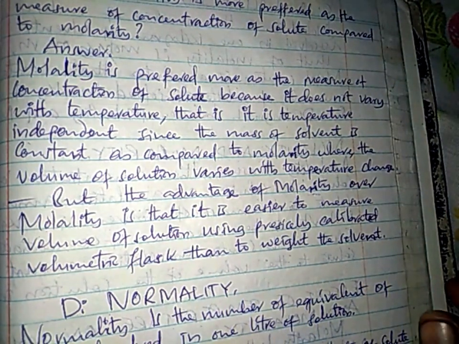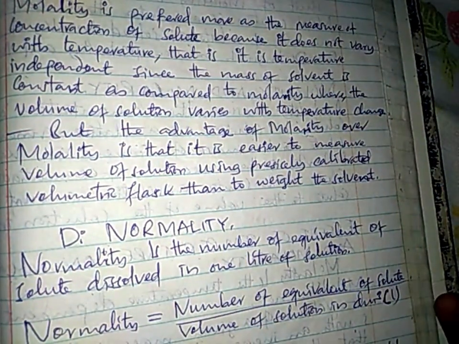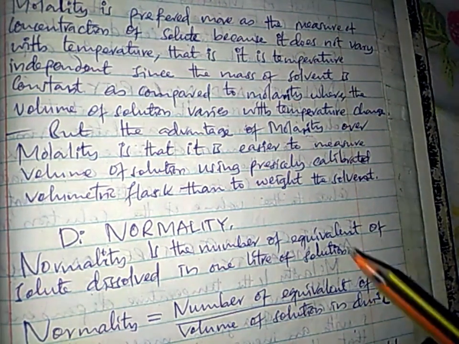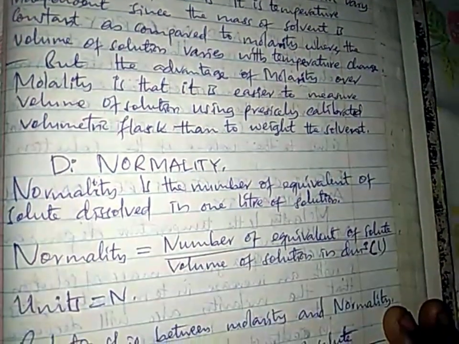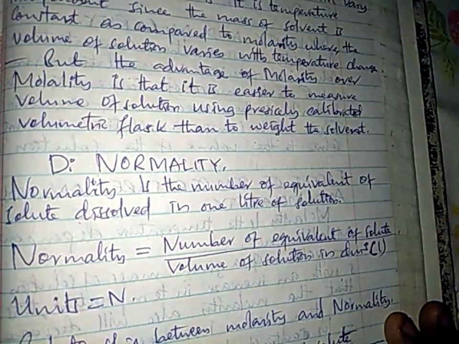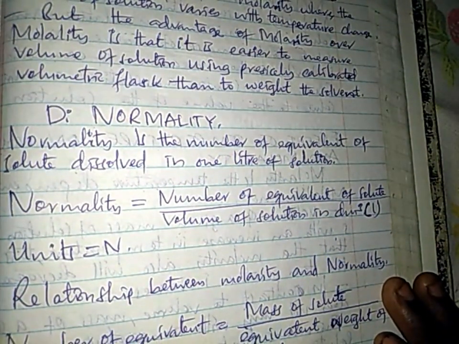To weigh a solvent is very difficult because different flasks can have different masses. So you may approximate the mass of the flask, but most often the calculated mass which you take is incorrect.